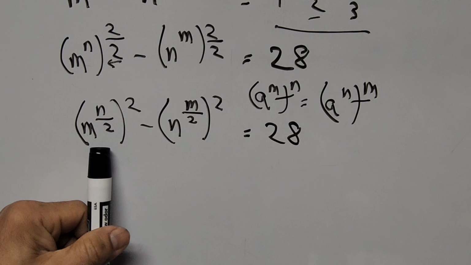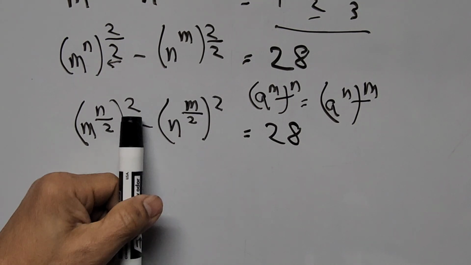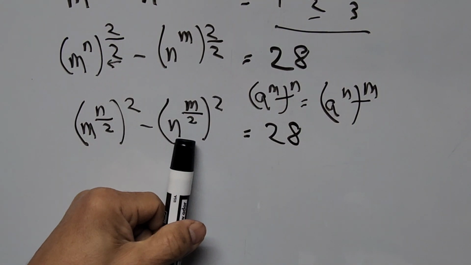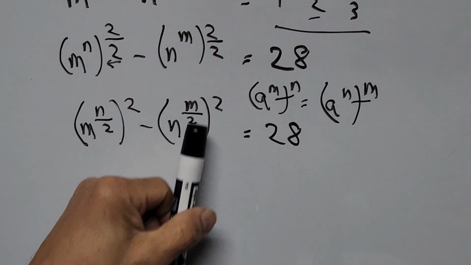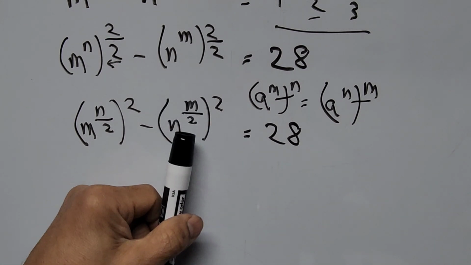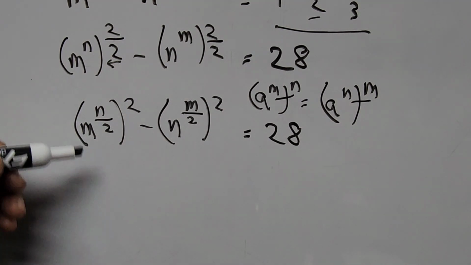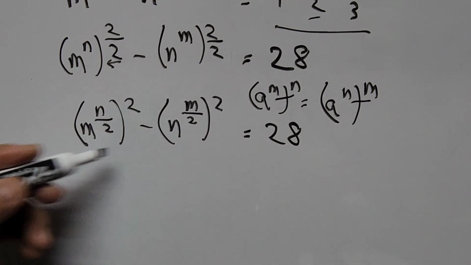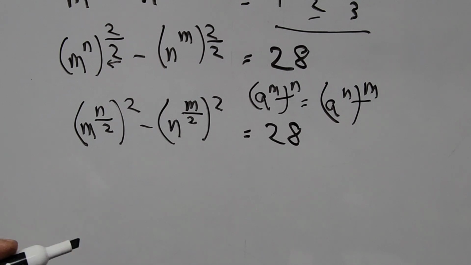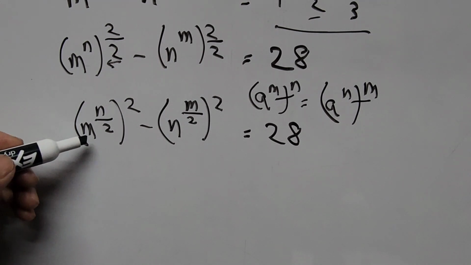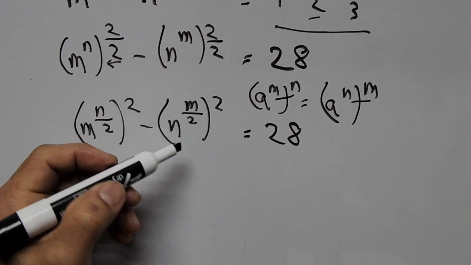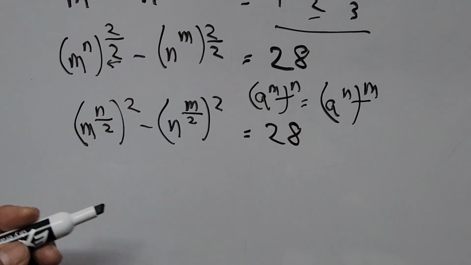Now the whole thing is considered as the base with exponent 2. Likewise in the second term, the whole expression is the base with exponent 2. So what are we going to do next? Since m and n are variables, we can do a substitution by designating the value of m to the power of n over 2.